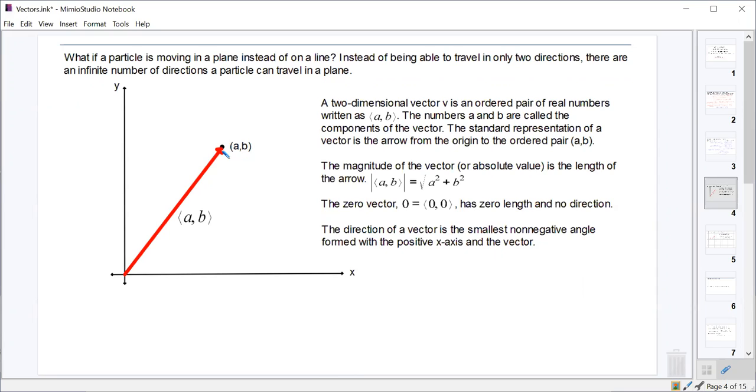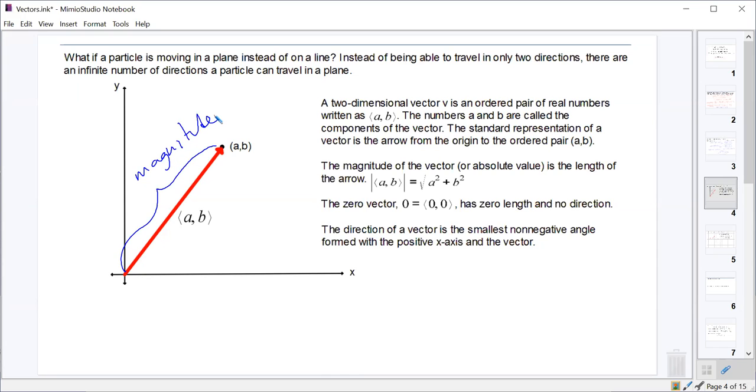So the a value is the x component of the vector, and the b value is the y component of the vector. We call the magnitude of the vector the length of this arrow. This is the magnitude or the length of our vector.